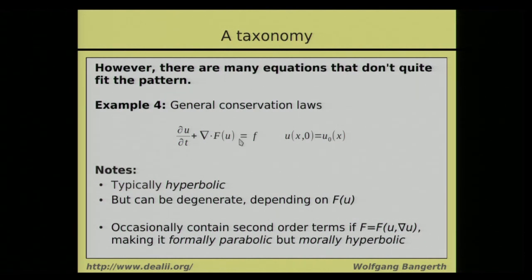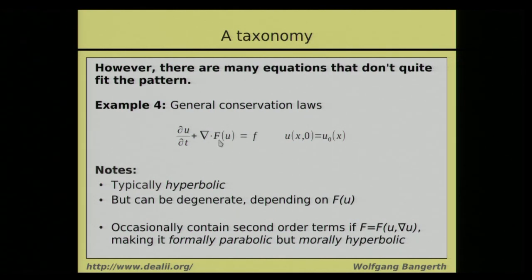Depending on what exactly the form of this f is, if u is a vector-valued variable, let's say in gas dynamics, it would be the dim components of the velocity plus the pressure plus the temperature, for example. So you would have dim plus 2 components. Sorry, that's not true, of course.